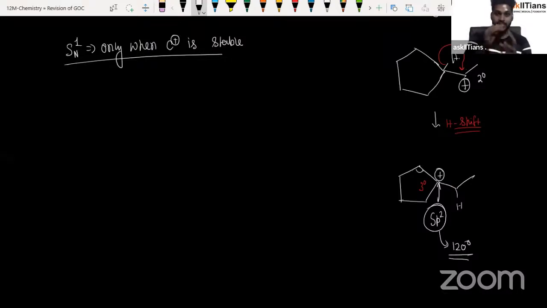But it's a cyclic system, it's a constrained environment. It's not like it can just release itself. So if I give a positive charge, we are not stabilizing it, we are actually destabilizing it. Because it is in a constrained environment, and I am trying to make the bond angle 120 degree by making it sp2, which means I'm putting an angle strain on it.